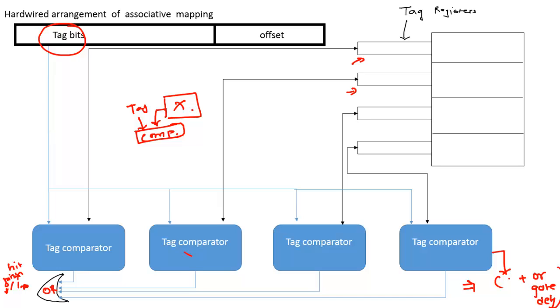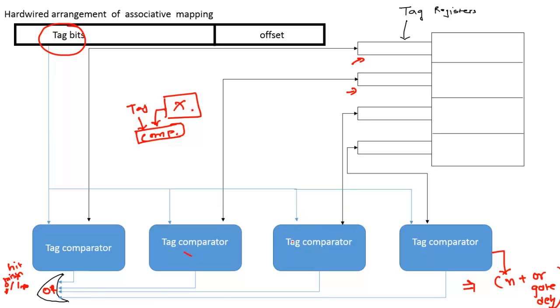So that would be, let's see, assume that this tag comparator delay is n nanoseconds. So n plus the OR gate delay will be our total access time in case of associative mapping, and that would be less compared to direct mapping, because in case of direct mapping we were using XOR gates, and XOR gates are made of multiplexers, and multiplexers give comparatively high delay when compared with an OR gate.